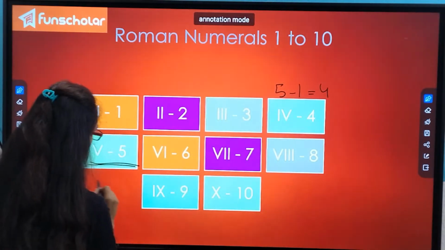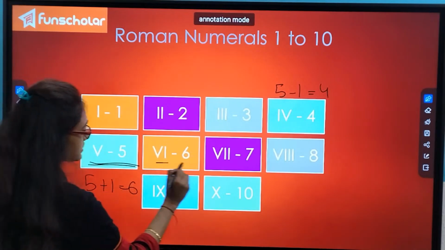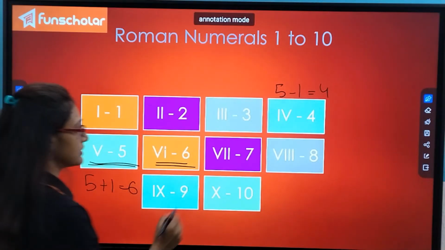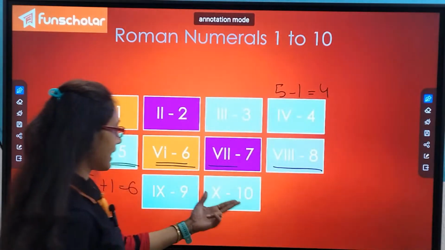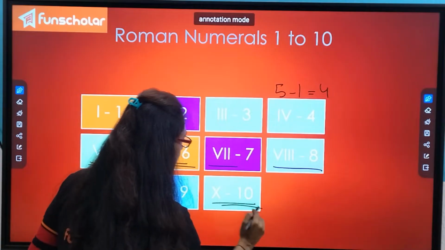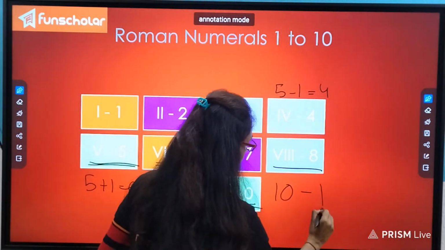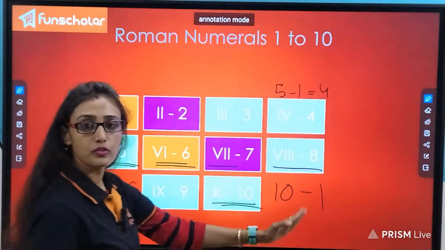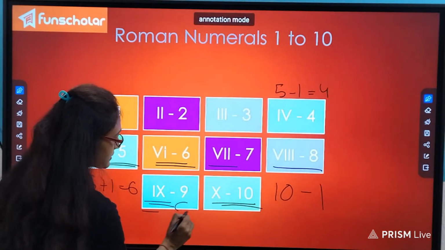Rule of addition what? 5 plus 1 equals to 6, which is being represented as V and I. Then 7, 5 plus 2, 8, 5 plus 3. And then how to write 9? 10, 10 is the larger number after 5. So 10 minus 1. And according to rule of subtraction, we will put I on the left side. That is, this becomes 9.